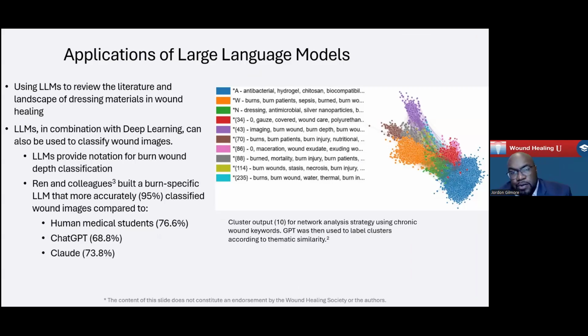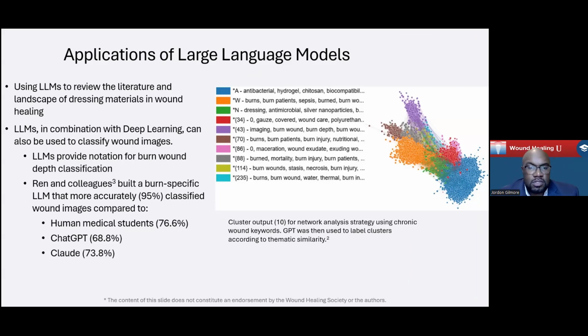This paper highlights how we can use LLMs to actually analyze the literature, right? I'll quickly go through this one. This paper analyzed tons of keywords and split them out into these clusters. This is an example of an unsupervised approach where you can see how the clusters are split out by color.